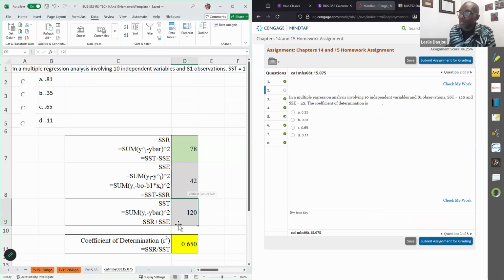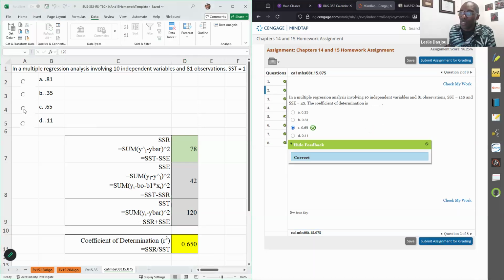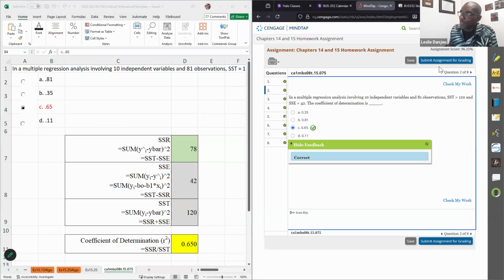You can find out what your R squared value, your coefficient of determination, is, and in this example it is this answer right here. All we're asking you to do is verify your answer, and you'll be good to go. Once you're done with all of that, submit for grading, please.